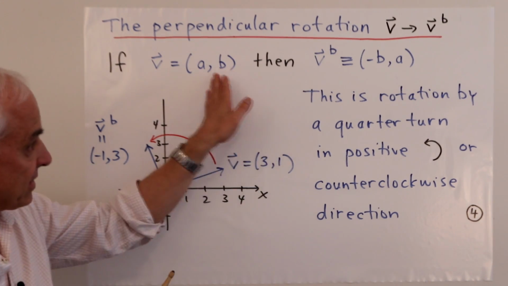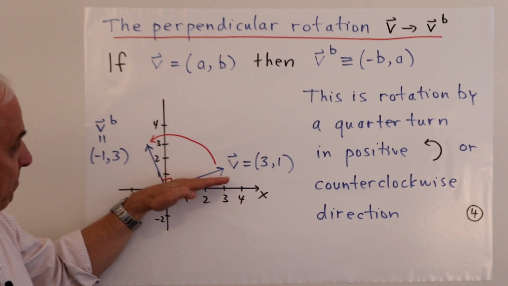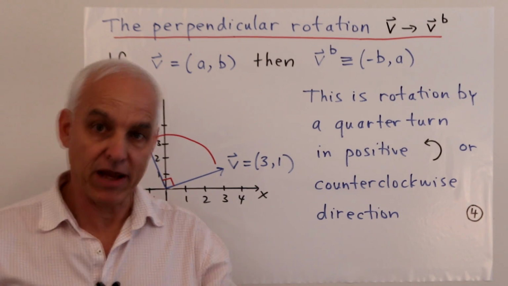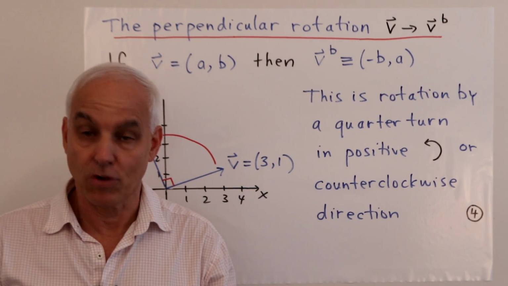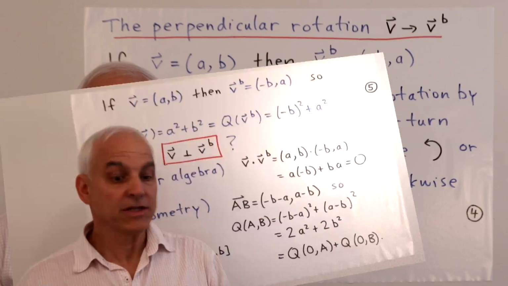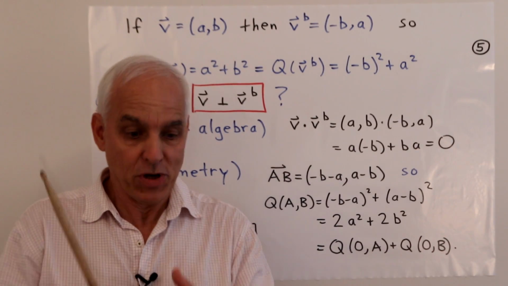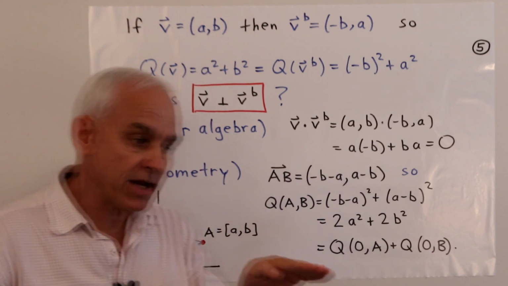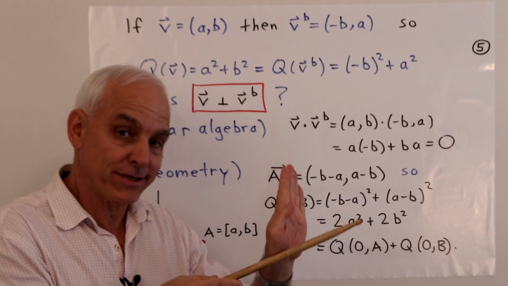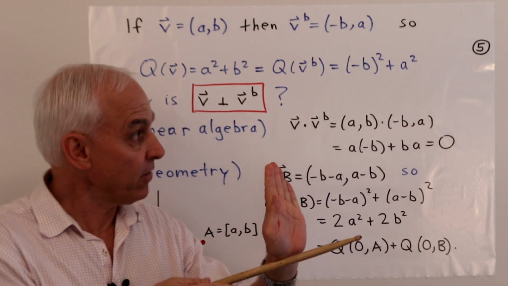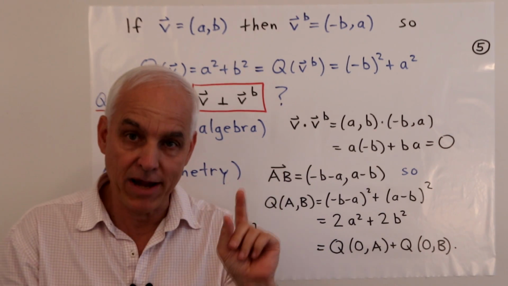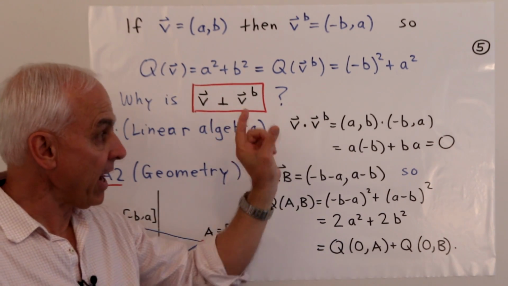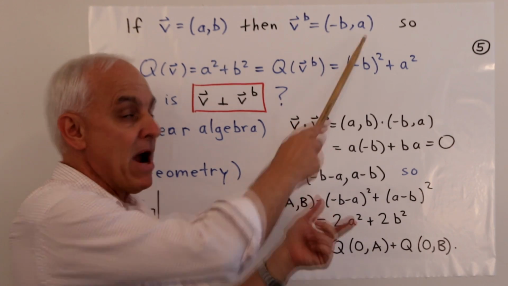Okay, so this transformation is a positive turn of a quarter of a turn, or rotation. This is a very useful trick to know when you're working with planar geometry, that if you're given a vector (a, b) and you want another vector which is perpendicular to it, you can just rotate it by 90 degrees. You can get at that algebraically just by taking (a, b) and turning it into (-b, a).